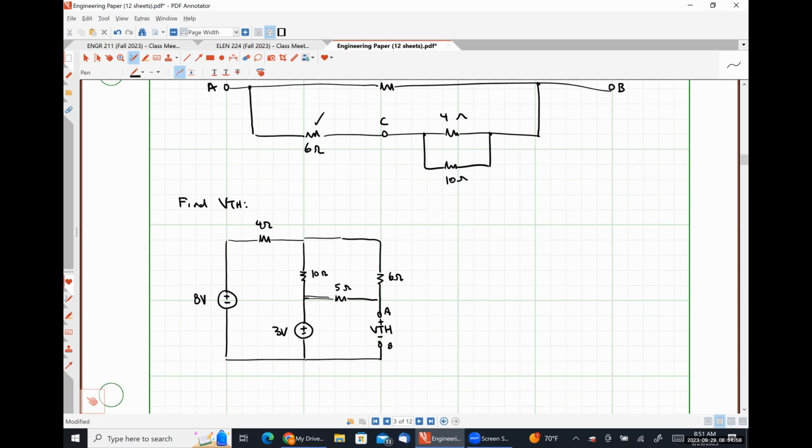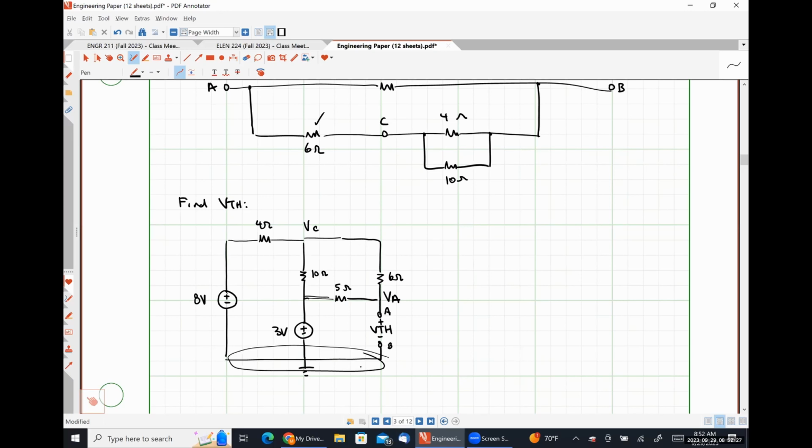So choosing the bottom node as ground and calling this node VA and this node here, actually that's not the right one. Let's call this one VC. I'm intentionally skipping over B because logically we would call this one node B and it's already at ground. Okay.